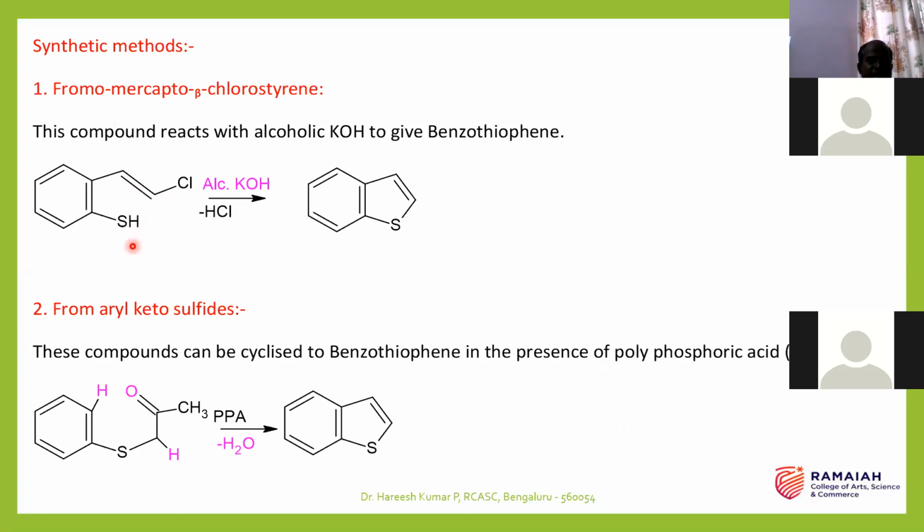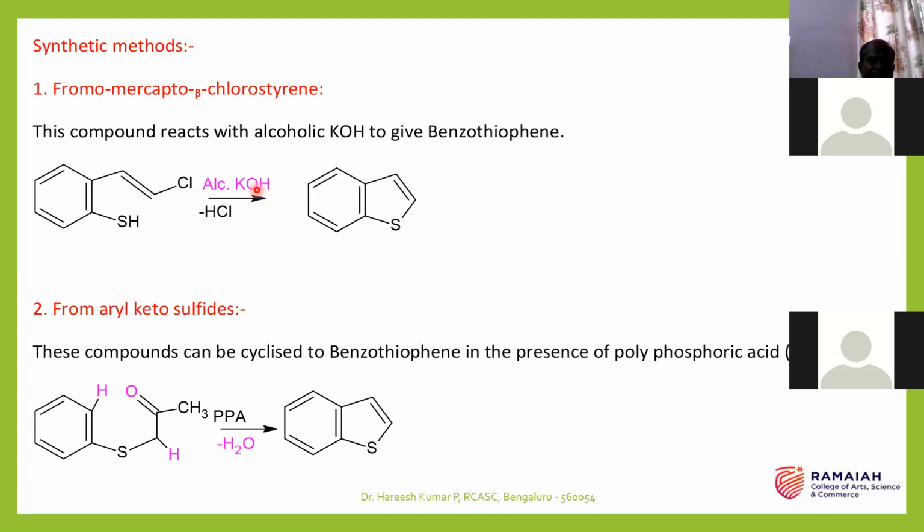So it is an aromatic compound containing a vinyl chloride and a mercaptan. When it is treated with alcoholic KOH, what is alcoholic KOH? KOH is potassium hydroxide, and when it is dissolved in alcohol like ethanol or methanol, it is called alcoholic KOH.